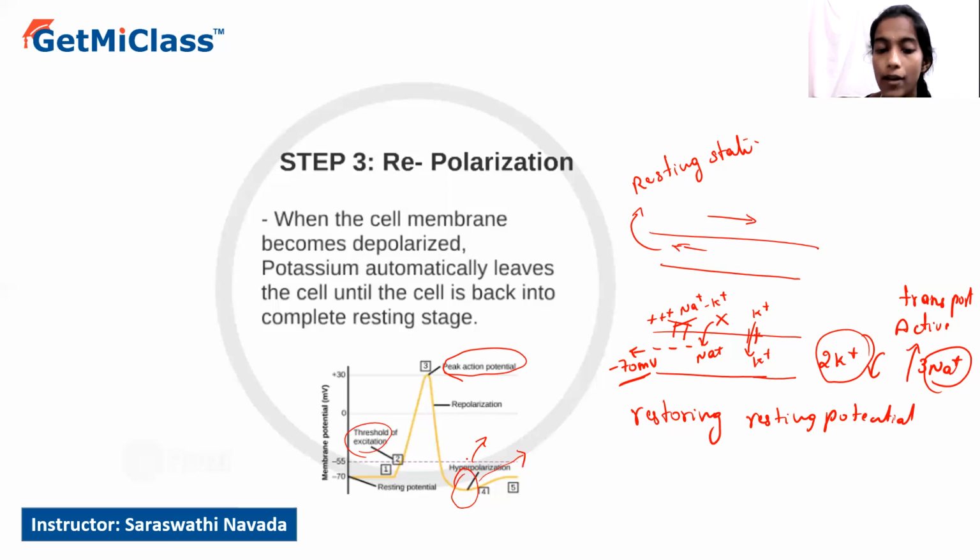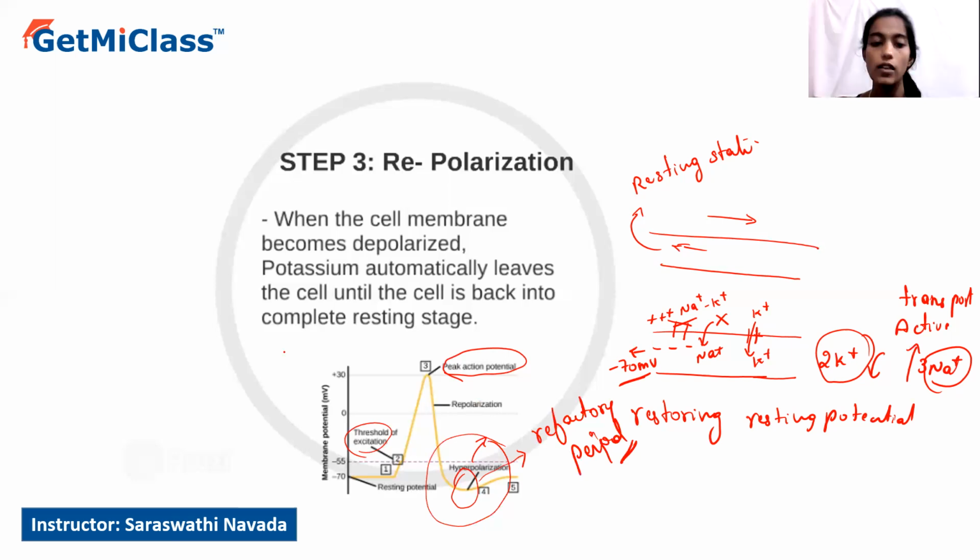So the membrane will be hyperpolarized, and again it comes back to the resting stage, and this is called the refractory period of the neuron. So that is regarding the refractory period seen during nerve impulse conduction. So that is how exactly the nerve impulse is conducted throughout the neuron.